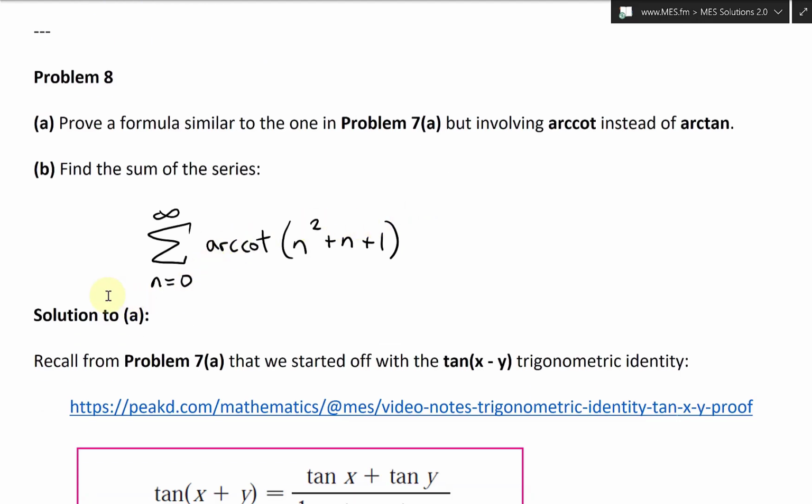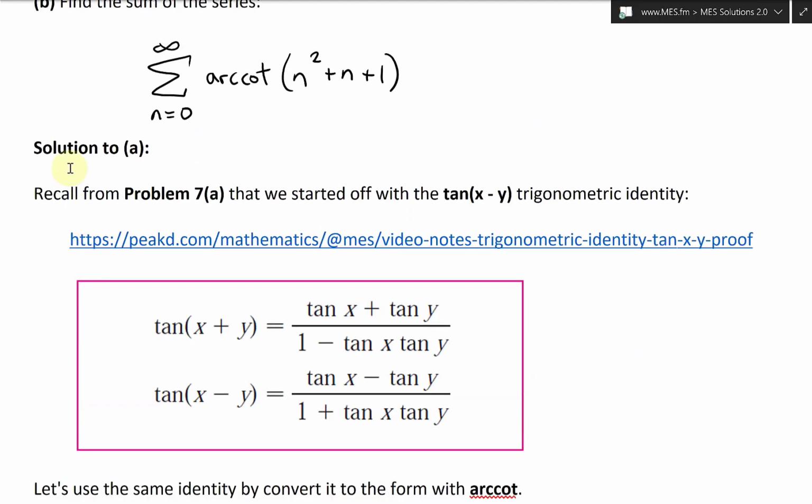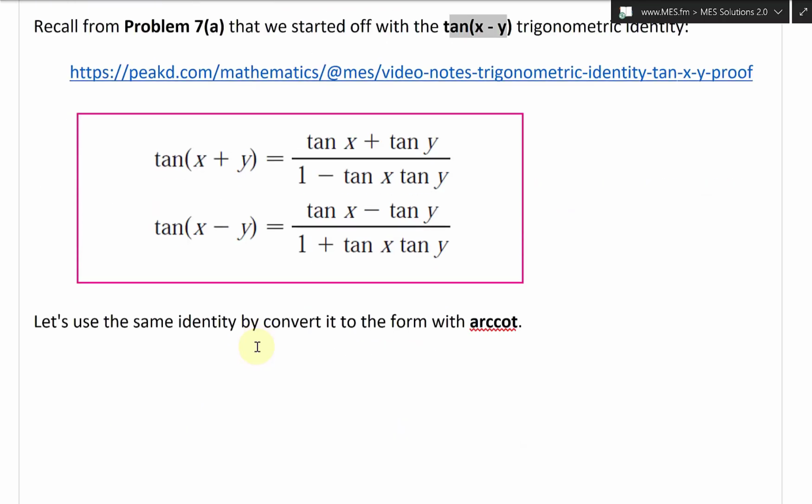Alright, so teleporting over to here, solution to A. So recall from problem 7a that we started off with the tan x minus y trigonometric identity. So again, this one right here. And let's use the same identity, but convert it to the form with arccotangent.